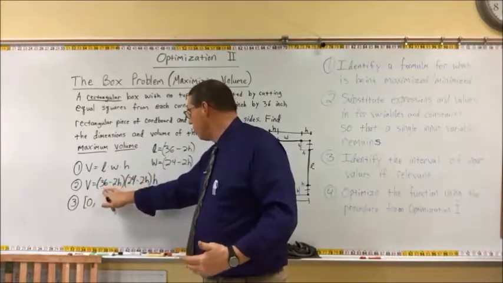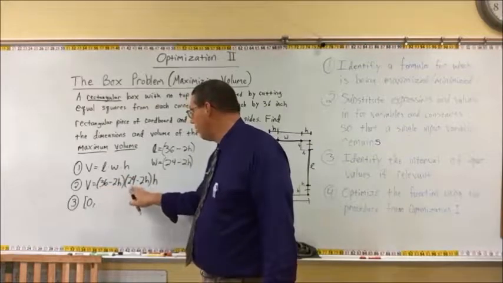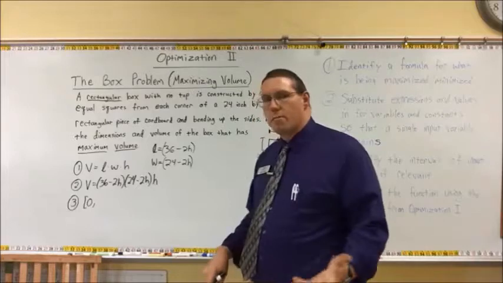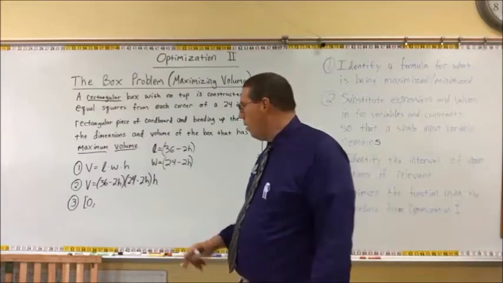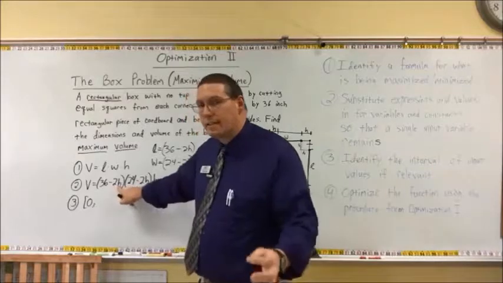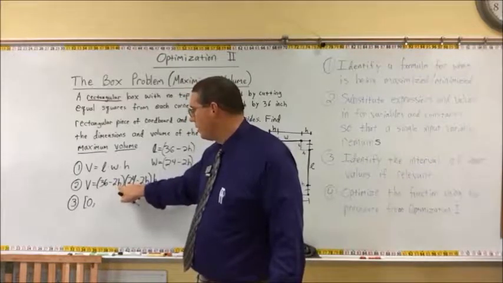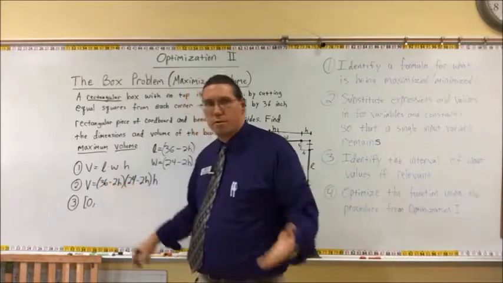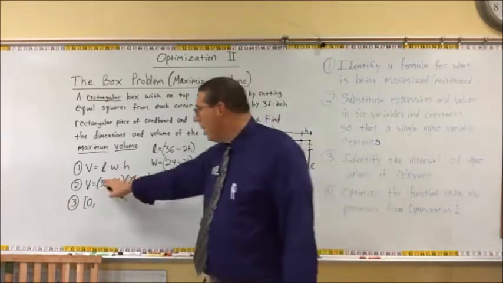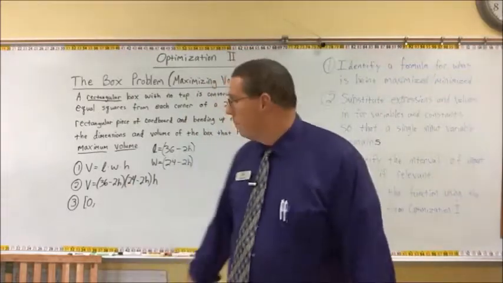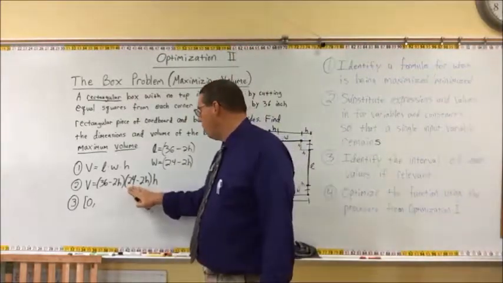So if we look at these two, this 36 minus 2h and this 24 minus 2h, those cannot be smaller than 0. Now, length would be 0 if h was equal to 18, because 2 times 18 is 36, and 36 minus 36 is 0. So by the length, h can equal 18. But look over here at width.